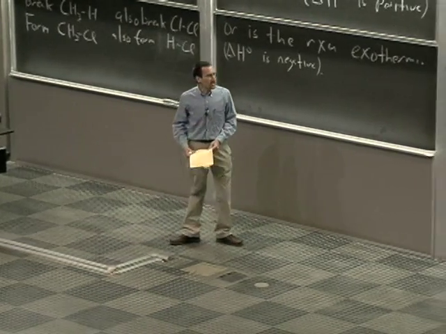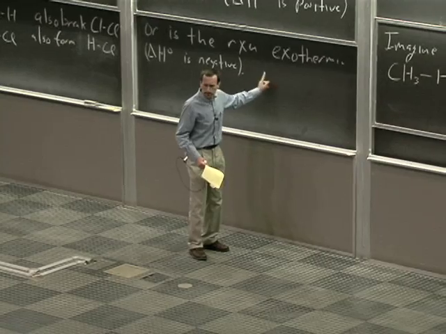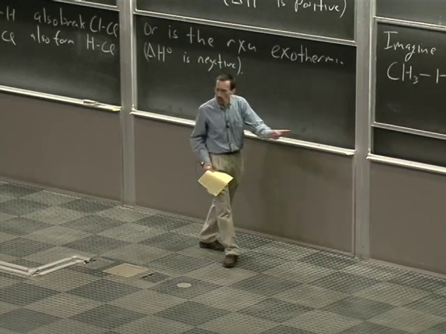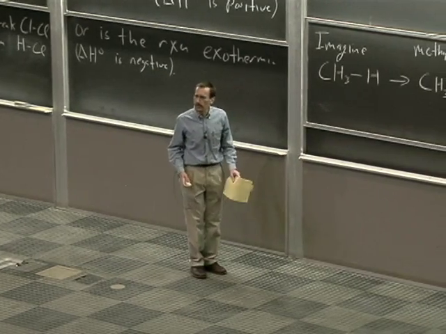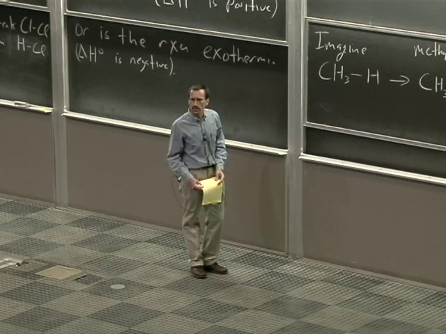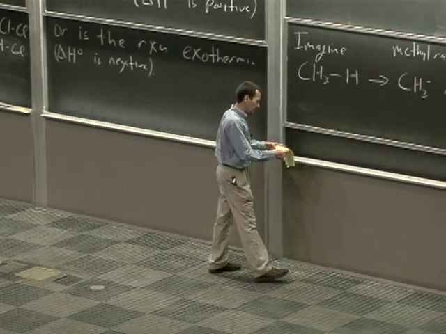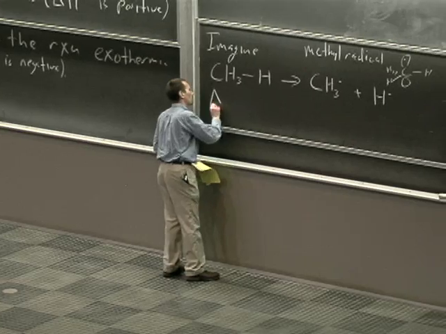The delta H naught, we're just going to tally up the delta H naughts for all the bonds involved. So the delta H naught for this particular process is the bond dissociation energy.